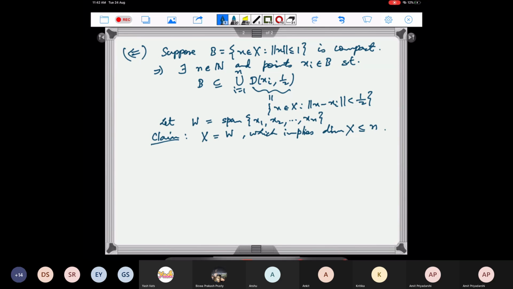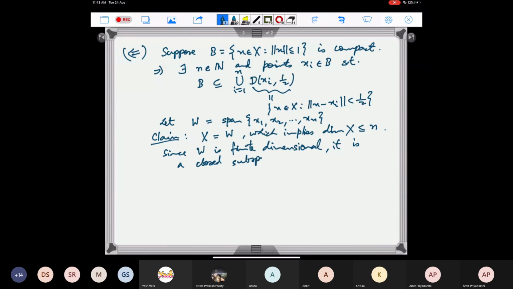So since W is finite dimensional, it is a closed subspace of X. So if W is not equal to X, then W is a proper closed subspace of the normed linear space X.